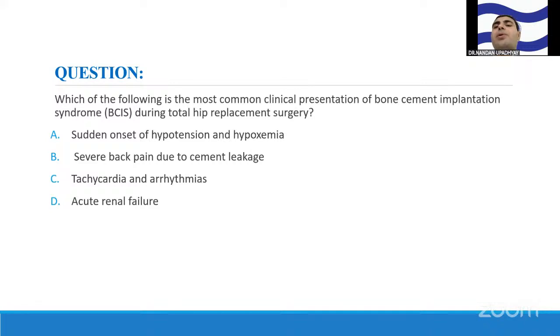Sudden onset of hypotension, severe back pain, tachycardia, arrhythmia, and acute renal failure. Yes, we have already discussed this. After cementing, within 5 to 10 minutes, the patient has hypotension, tachycardia, and complains of breathlessness, dyspnea. So all participants have given very good answers to all the questions.